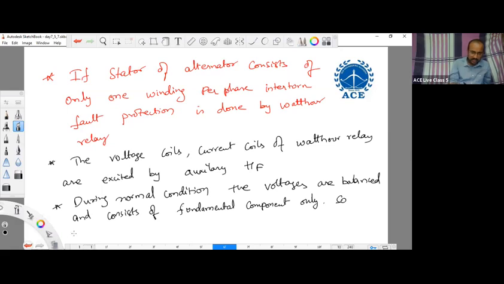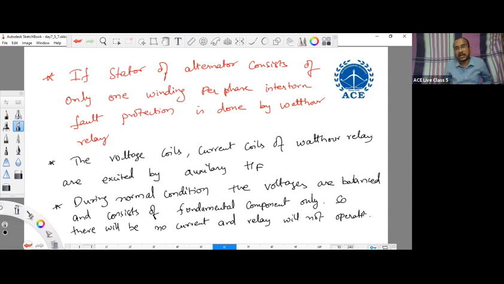So there will be no current, and the relay will not operate.